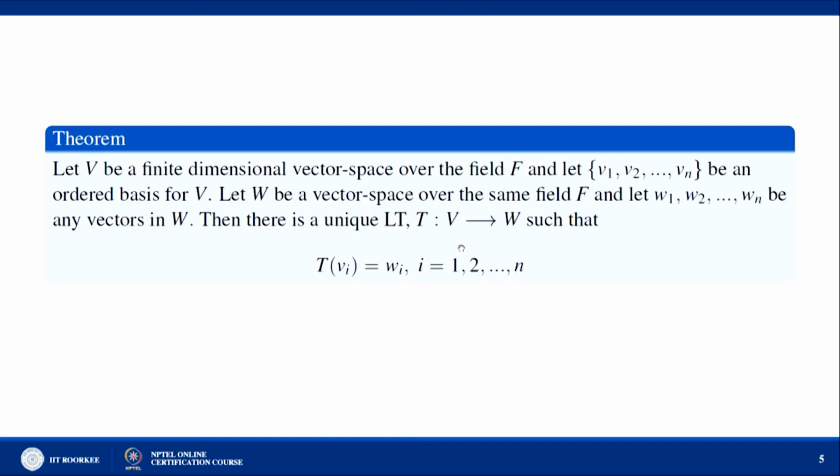This is the main result: there will exist a unique linear transformation T from V to W such that this happens. Now, the proof is very easy.